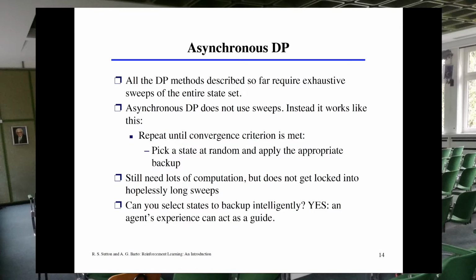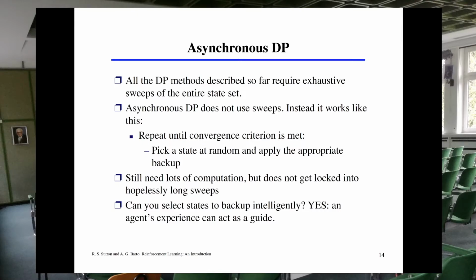There is a concept that I talked about before, which is asynchronous DP, or dynamic programming. All the DP methods described so far require exhaustive sweeps of the entire state set. So these algorithms require updating the values for each one of the states.